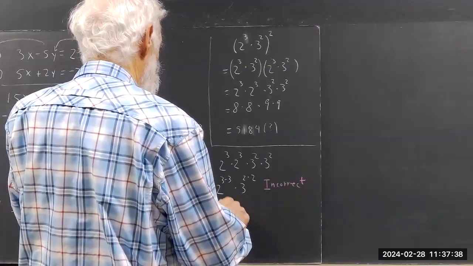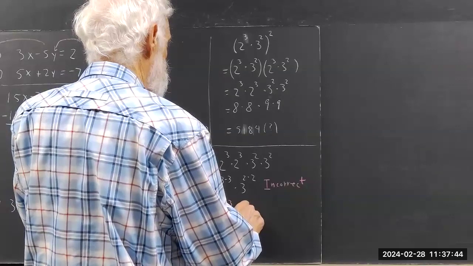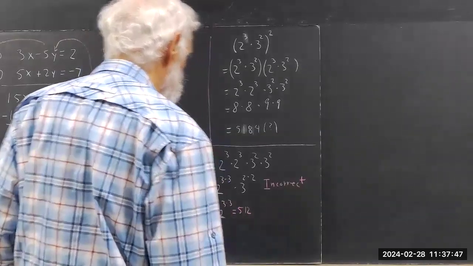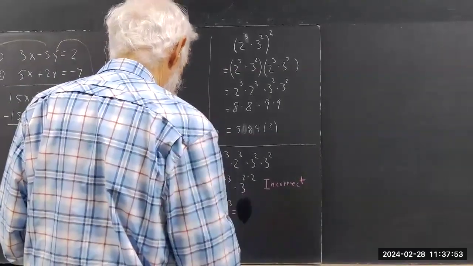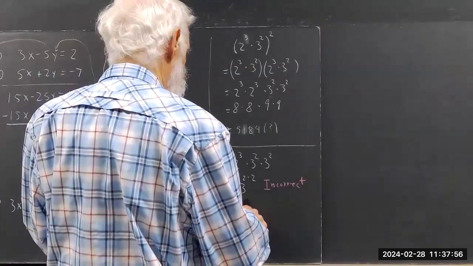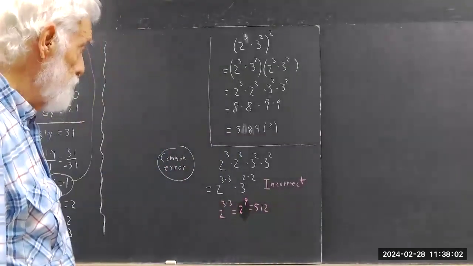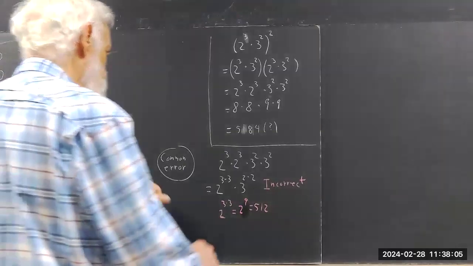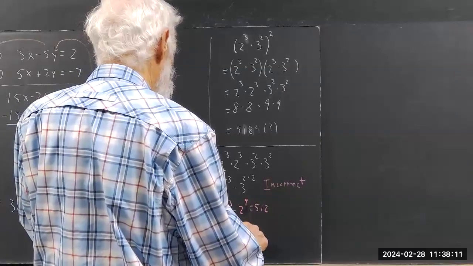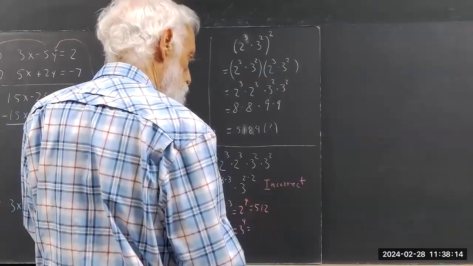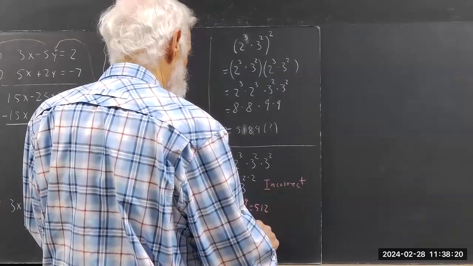We multiply 2 to the 3 times 3, which is 2 to the 9, which is 512. Now 3 to the 2 times 2 equals 3 to the 4, which is 81.